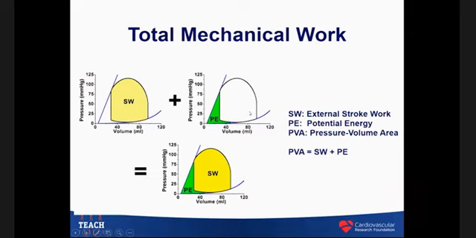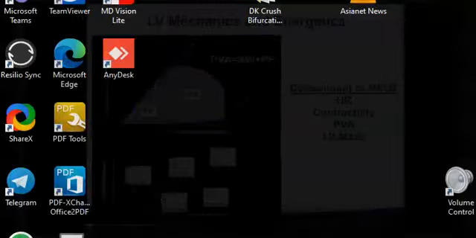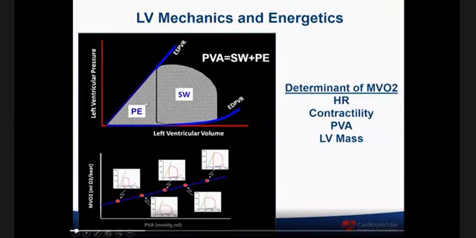If this curve moves this way, which means the preload increases, although the cardiac output increases marginally, the oxygen consumption increases disproportionately because this latent energy is also needed. This is the energy that is not actually used in pumping, but it has to be provided to the heart muscle, which means the more these things move towards the right, whether because of increased afterload or preload, the heart has a tendency to consume more oxygen and start failing.